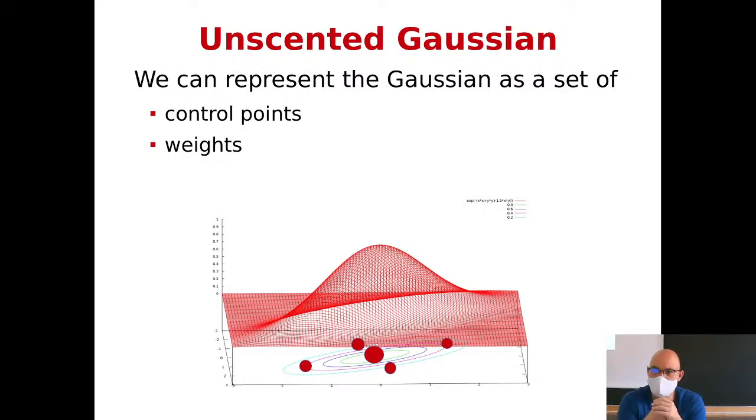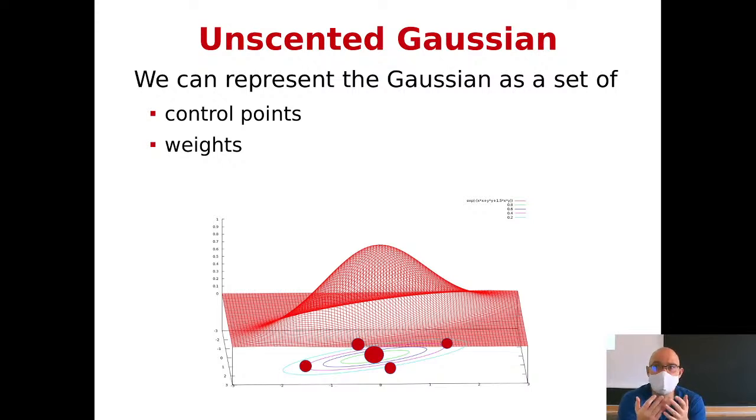Now, if you remember, when we have seen the Gaussian distribution, we have seen how to estimate Gaussian parameters from a set of samples of the distribution, obtaining the mean by averaging all of them and obtaining the covariance by averaging the outer product of the differences between each sample and the mean. Okay?